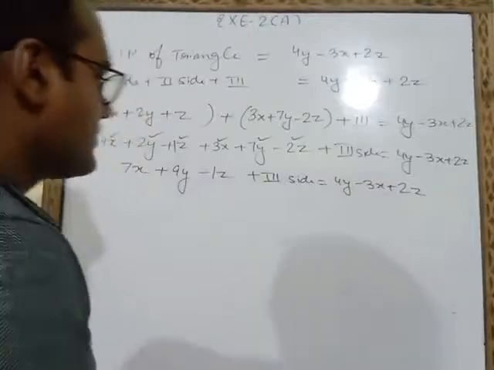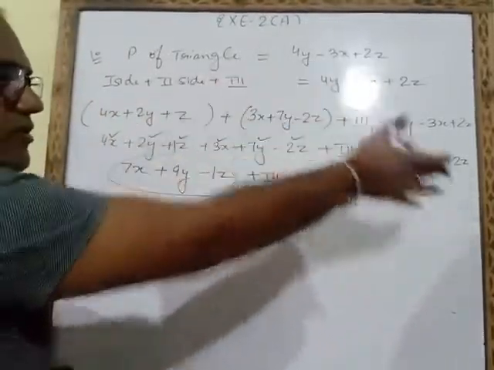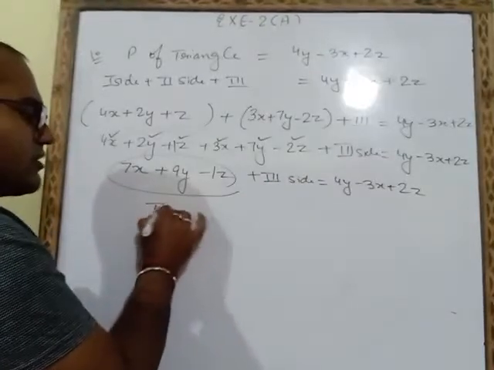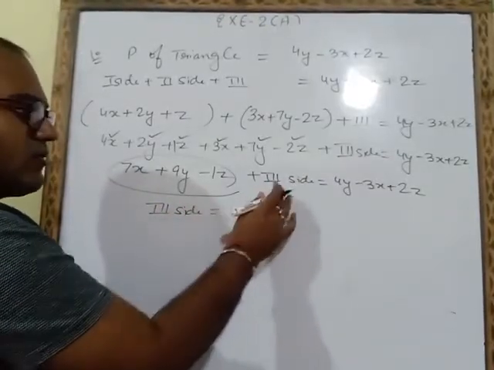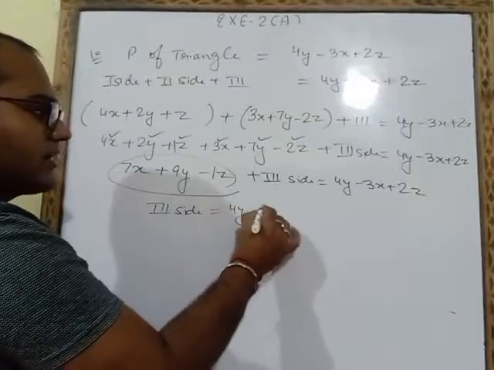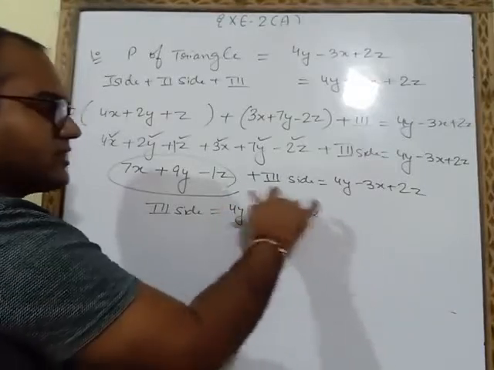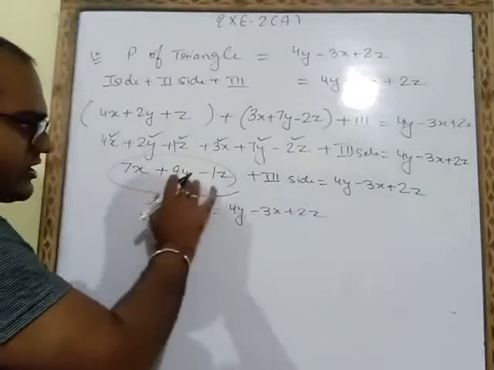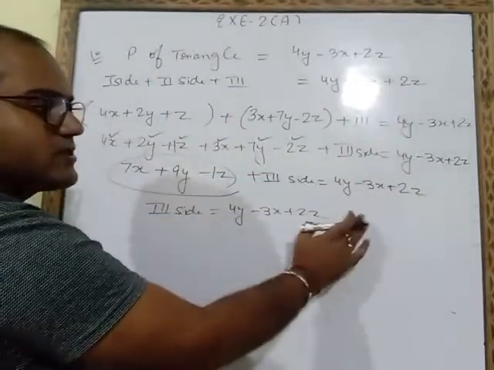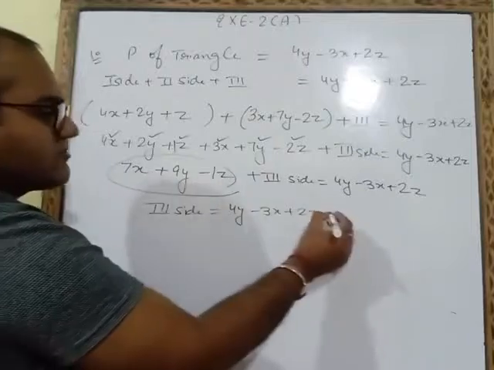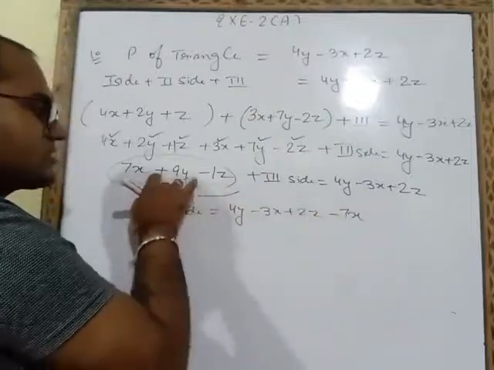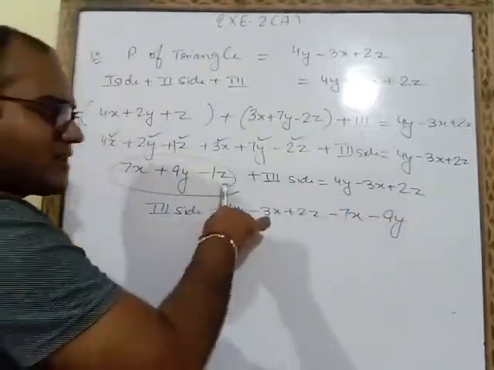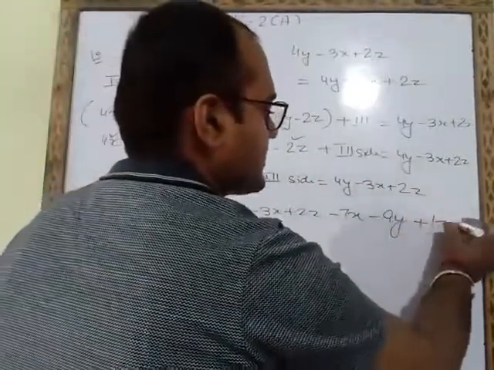Now next step, these three terms we will bring to the right hand side and we will change the sign. So the third side will remain here, equal to 4y minus 3x plus 2z. These things we have written as it is. Now these three terms we will bring to the right hand side, that means here plus 7x we will write as minus 7x, plus 9y when it comes here will be written as minus 9y, minus 1z will be written as plus 1z.